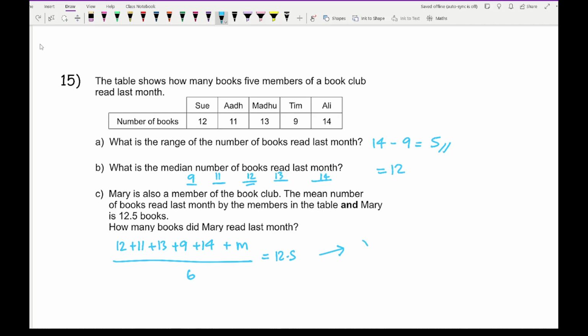So M plus 59, divided by 6, equals 12.5. If I take the 6 over, I get M plus 59 equals 12.5 times 6, which is 75. And then 75 take away 59 gives me an answer of 16. So M equals 16. So Mary read 16 books.